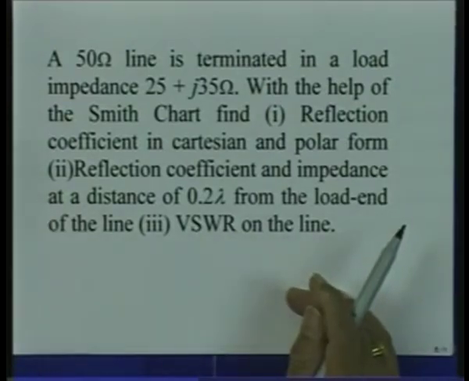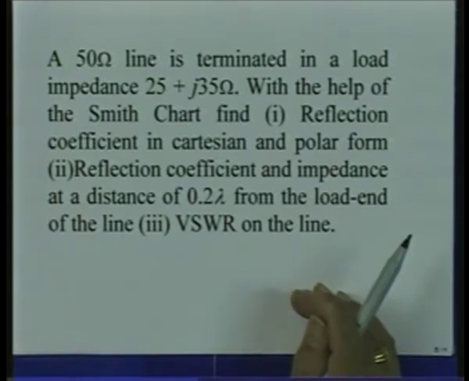So, we have to find out three quantities now. We are given the absolute load impedance, we are given the characteristic impedance, and we have to find out the reflection coefficient at the load, at a distance of 0.2 lambda from the load, and also the VSWR on the line. To do this, first we have to normalize the impedance.